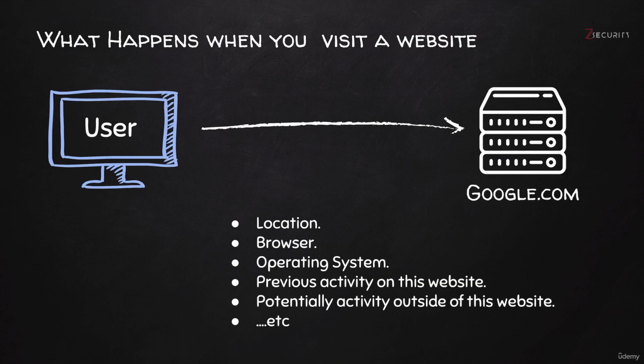But it doesn't stop there. We've all read about the Cambridge Analytica scandal and how they were able to access private information about Facebook users, and it doesn't even stop at this. There are several reports that websites such as Facebook create ghost profiles, so profiles for people that don't even have a Facebook account. So you might think, okay, I don't have a Facebook account, they can't really track me.